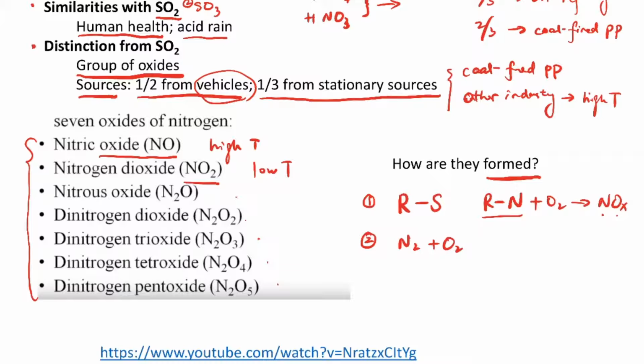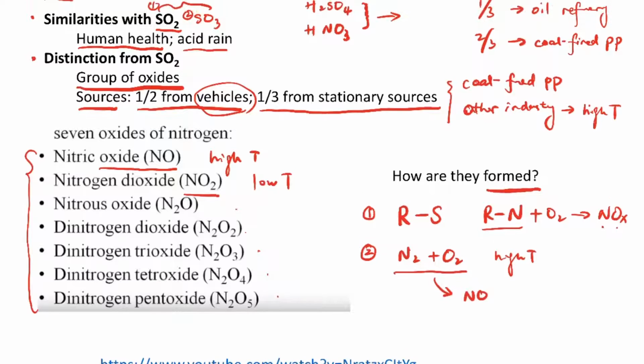Under normal condition, under ambient temperature, these two will not react with each other. Otherwise, it's going to be fireworks everywhere around us, okay? But under high temperature, the two can react with each other. And the most stable form, as we mentioned, is nitrogen monoxide.